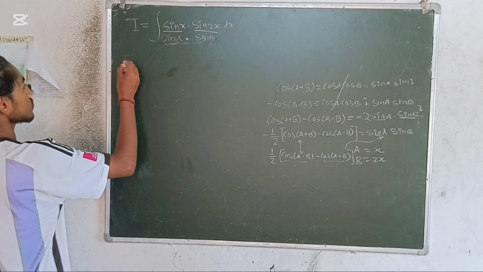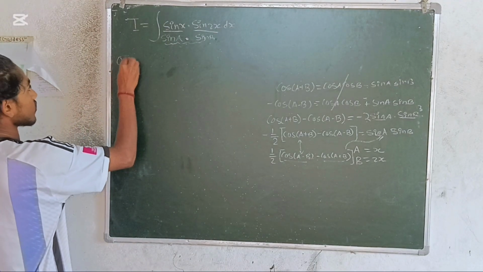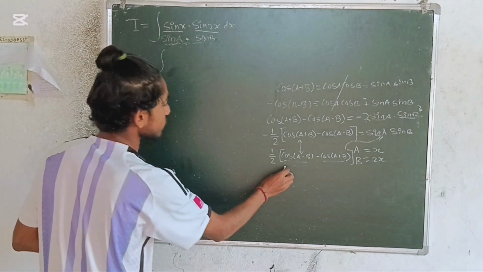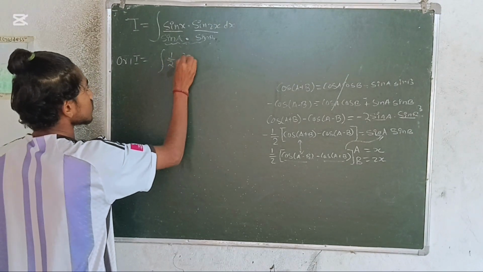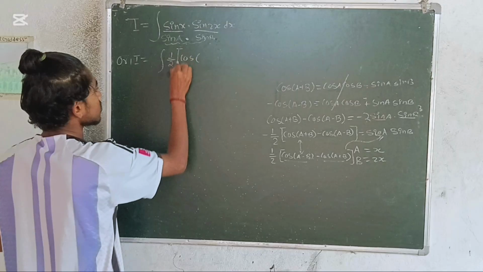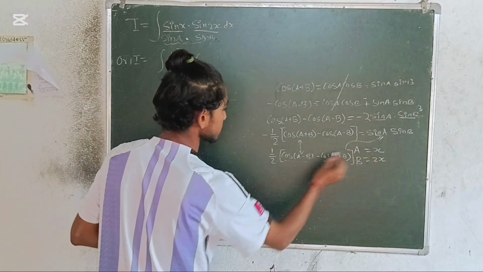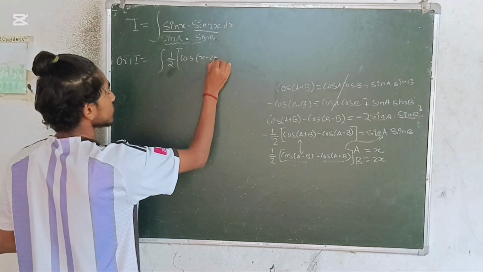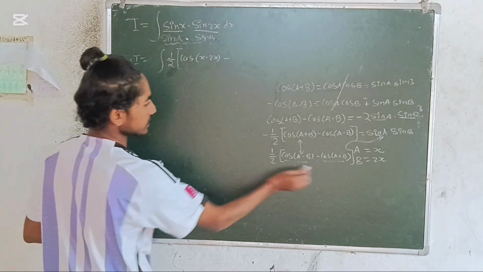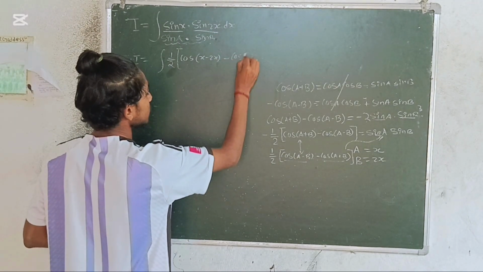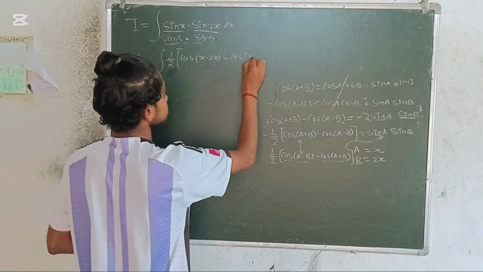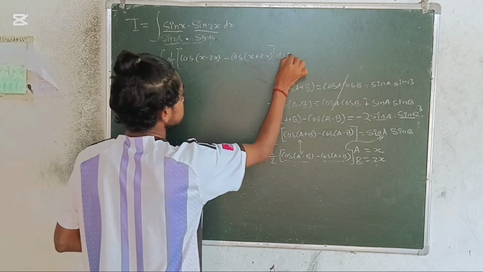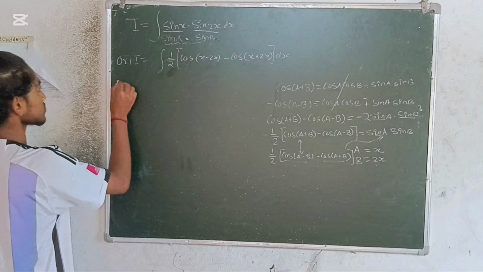So I can write the integral as 1 over 2 cosine of, in terms of A we have x, and in terms of B we have 2x, so x minus 2x, and with the minus sign, cosine of x plus 2x, dx with respect to x.